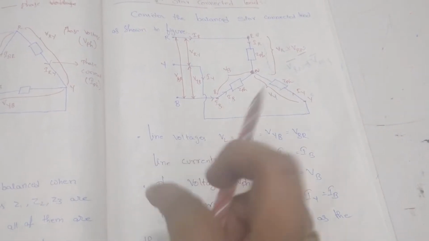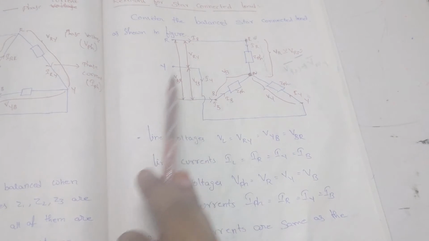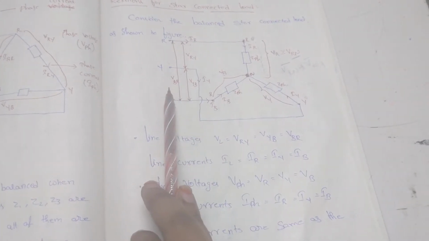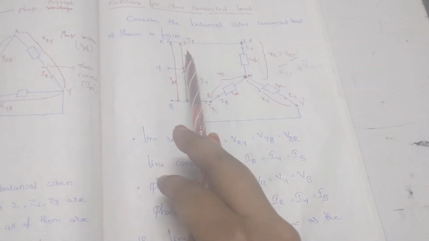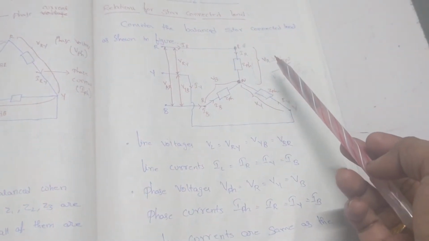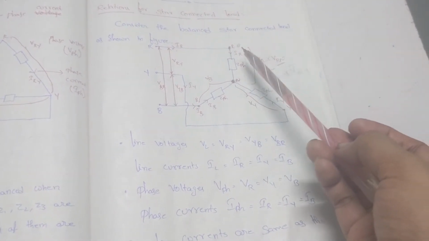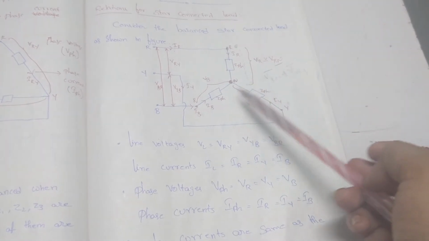The same points I mentioned: the line voltages, represented as VL, are nothing but VRY, VYB and VBR, and the line currents IL are represented as IR, IY, IB. The phase voltages we represent as VR, VY and VB, and the phase currents as IR, IY and IB.